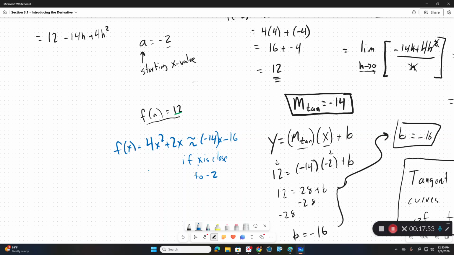Now, how close is close enough? There are other calculus classes that will talk about how close it is. But as a more physical example, what is f of negative 2.1?